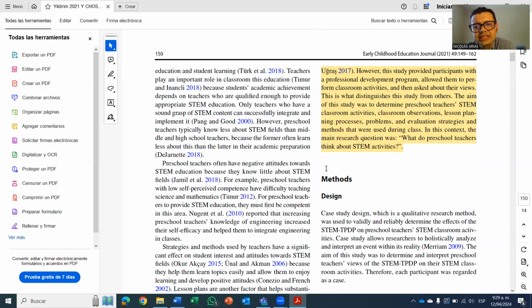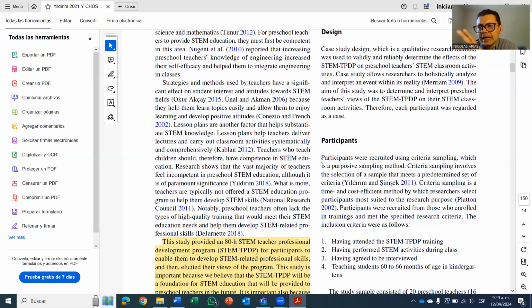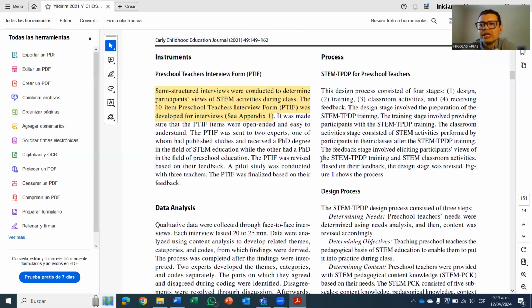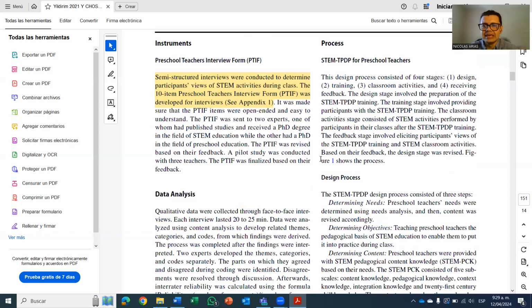In this context, the main research question was, what do preschool teachers think about STEM activities? This is the guidance that will show the orientation for the activities analysis that they will present.